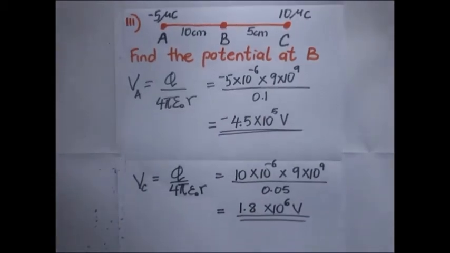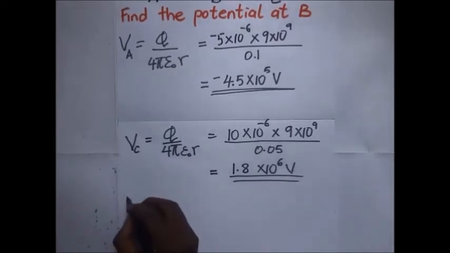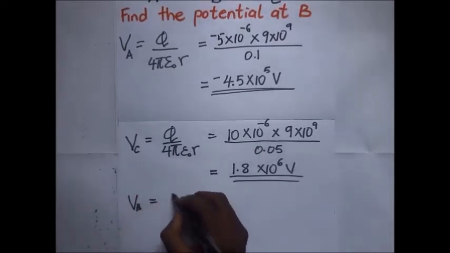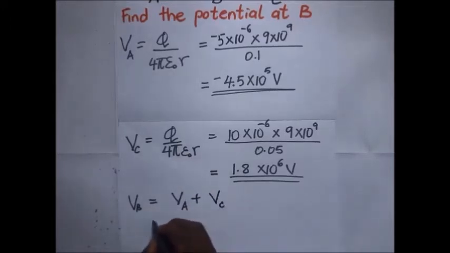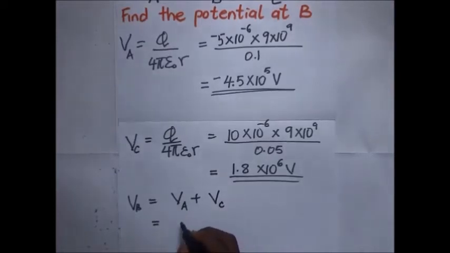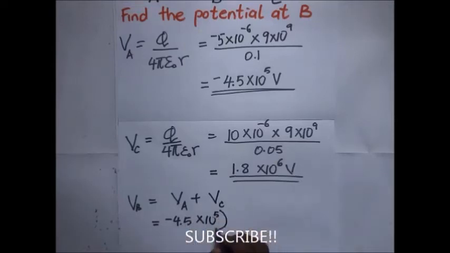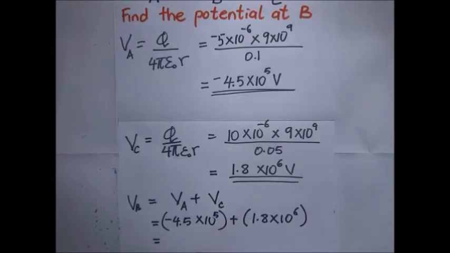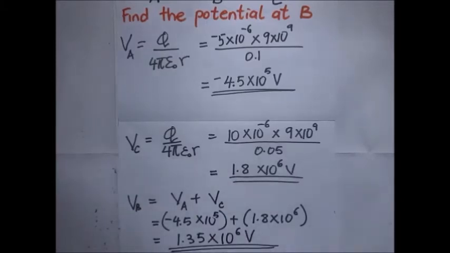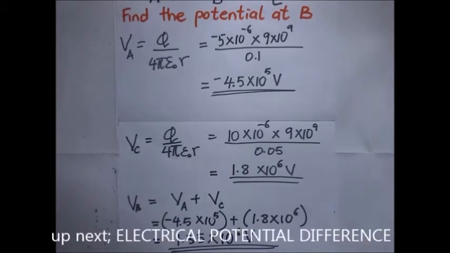So the potential at B, V, is going to be potential due to A plus potential due to C. And that is simply going to be equal to negative 4.5 times 10 to the power 5 plus 1.8 times 10 to the power 6, and our answer here will be 1.35 times 10 to the power 6 volts. And that will give us the potential at B.